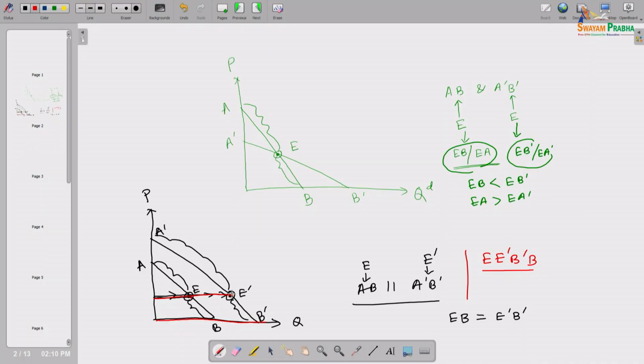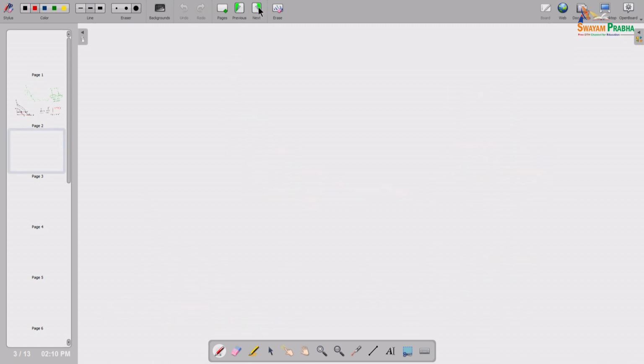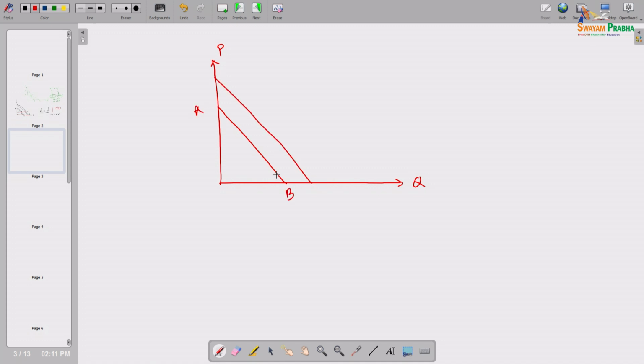Similarly, if we take the same kind of parallel demand curves but go vertically, say quantity here, price here, one demand curve is this, another is this, A B and A prime B prime, parallel, and we are moving along this kind of vertical line.